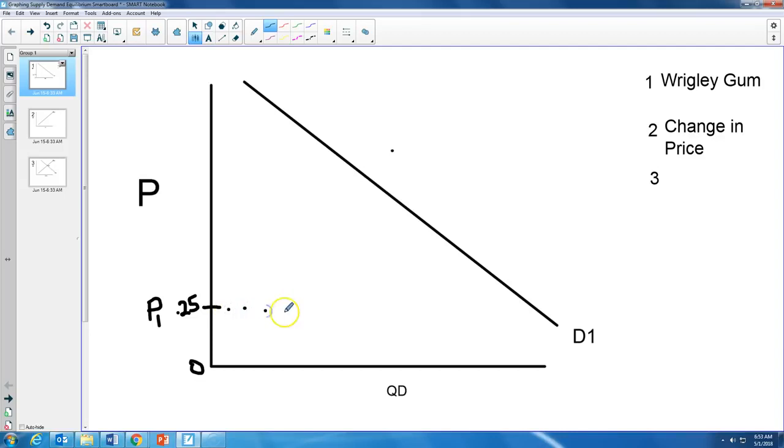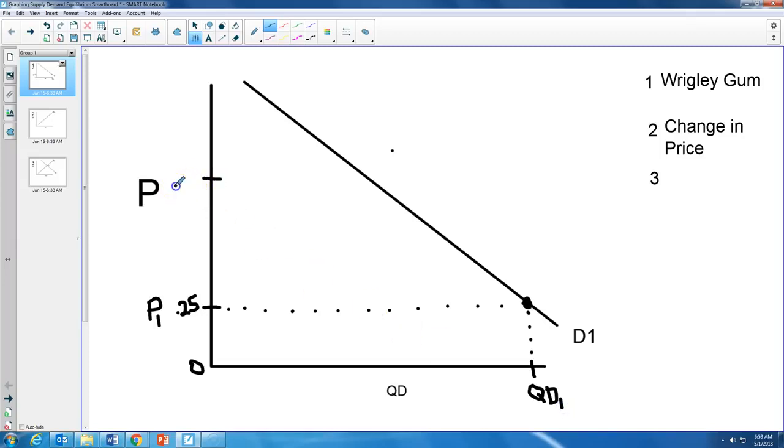And if you were to do a dotted line out to the demand curve to find this plot point where it strikes the curve, okay, it would be there. And if we went straight down with our dotted lines, this would be the quantity demanded for gum at that original price. So I'm going to put QD1, because we don't actually know the original quantity. Now, the new price of gum is 50 cents.